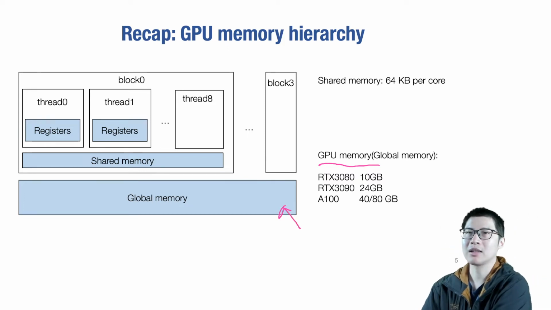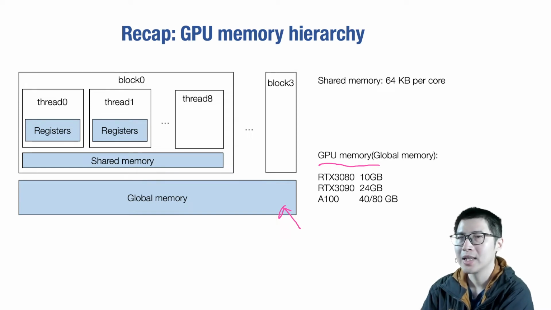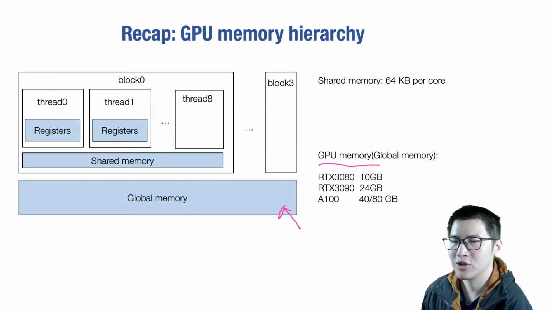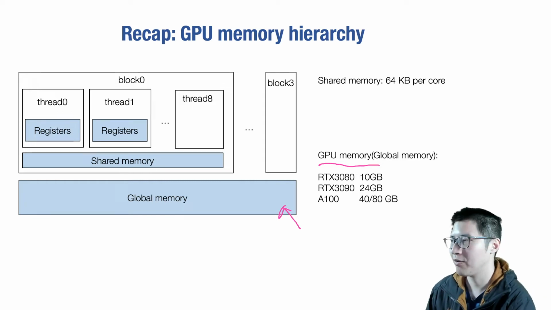Depending on the device, the global memory size can be very different. For example, a common commercial card will give you around 10 gigabytes, or sometimes 8 gigabytes of memory. And a modern GPU like the A100 will give you a much bigger memory size, like 40 gigabytes or 80 gigabytes in total. So this is the overall GPU memory that we have.